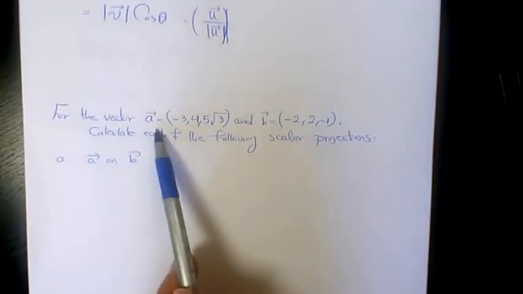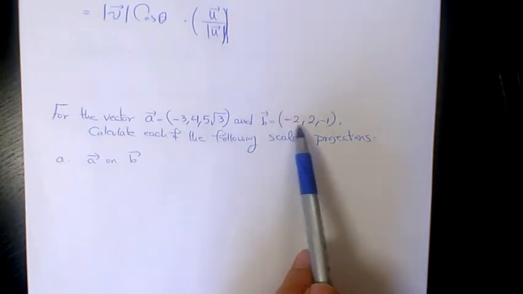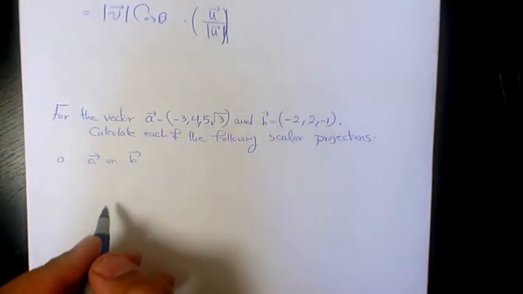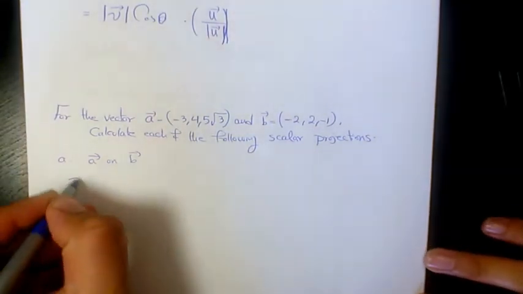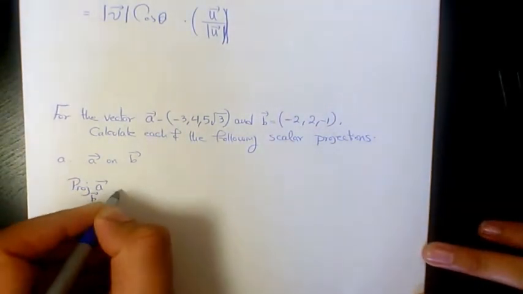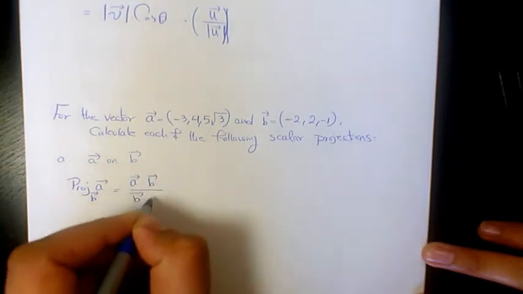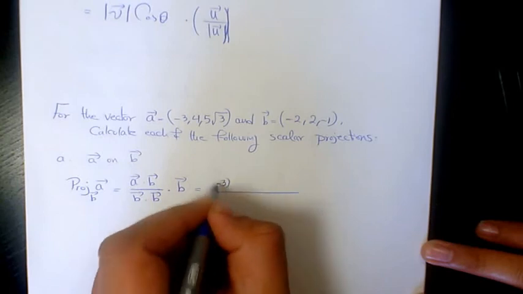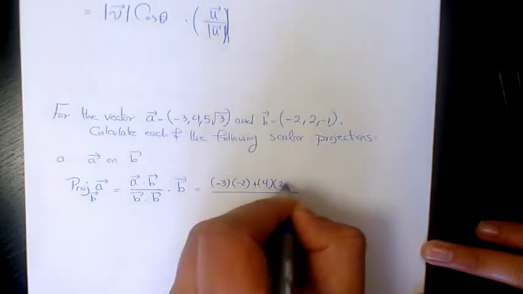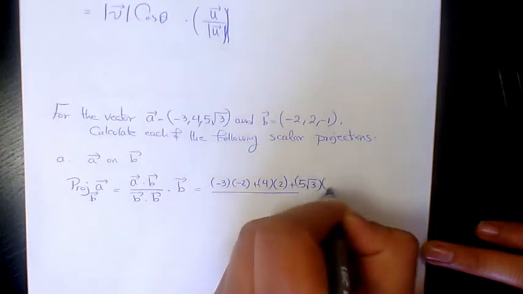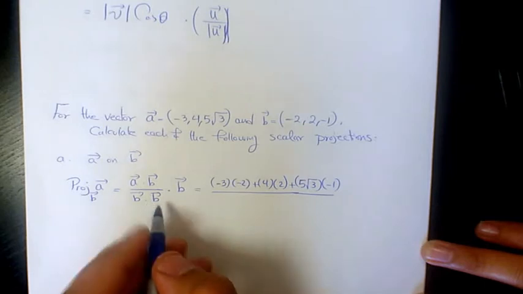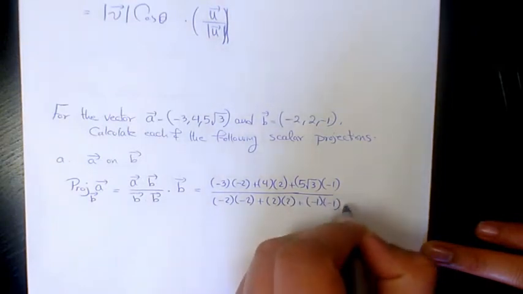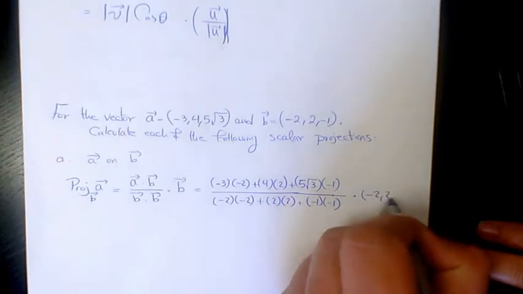Next one, it says for the vectors A, negative 3, 4, and 5 root 3, B is negative 2, 2, and negative 1. Calculate each of the following scalar projections. A on B, which is going to be the projection of A on B, will be A dot B over B dot B times vector B. So A dot B is negative 3 times negative 2 plus 4 times 2 plus 5 root 3 times negative 1, divided by the dot product of B and B, negative 2 times negative 2 plus 2 times 2 plus negative 1 times negative 1, times this vector, which is negative 2, 2, and negative 1.